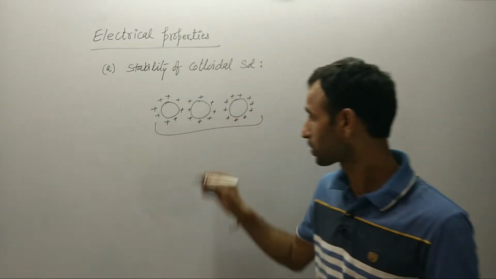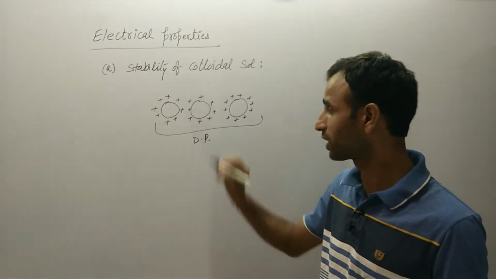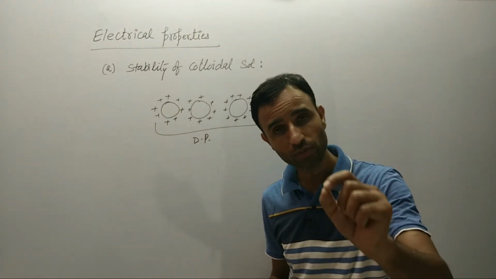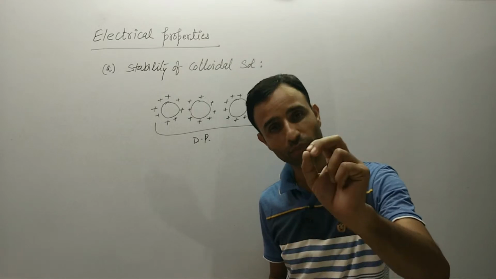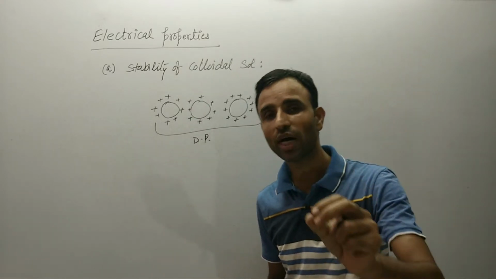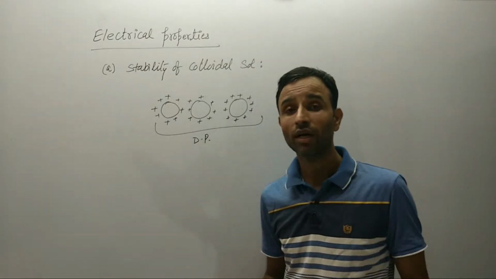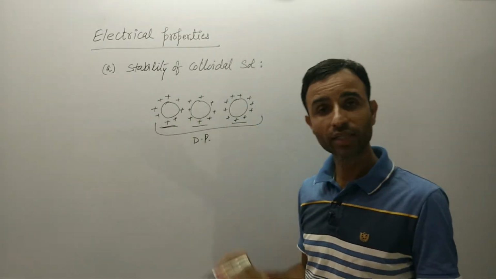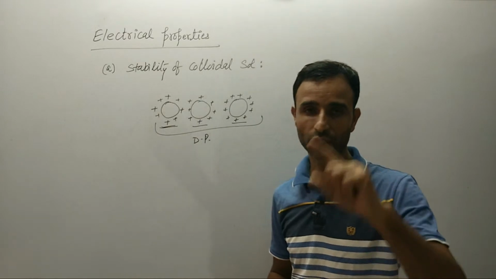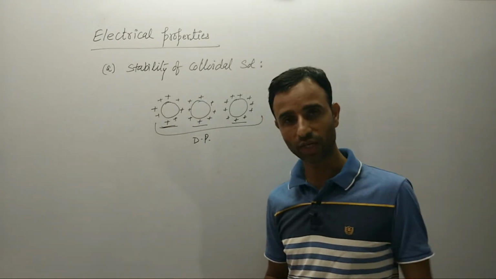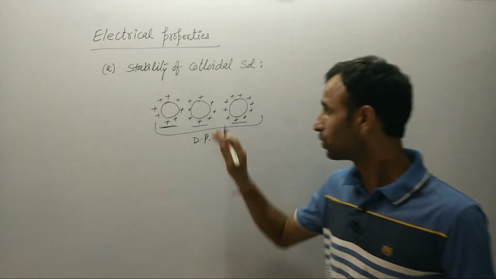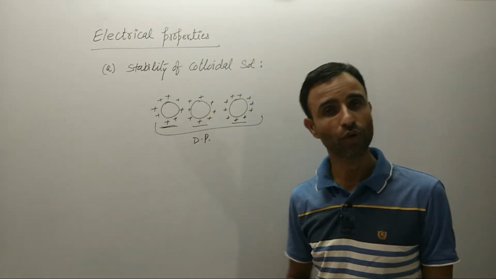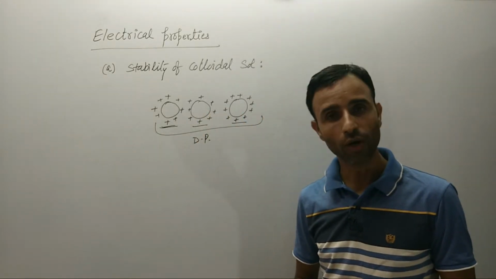So if there is a positive charge on one colloidal particle, a dispersed phase particle, the same charge is on the other. That means if positive charge is there, all the colloidal particles have positive charge, and the dispersion medium has negative charge. So this positive charge is responsible for the stability of the sol.